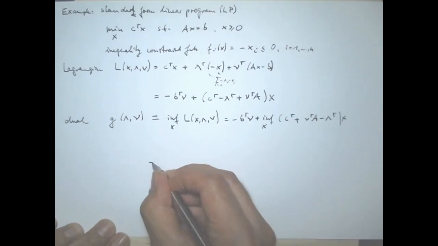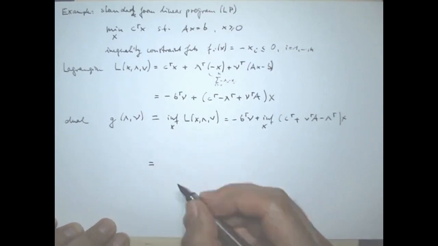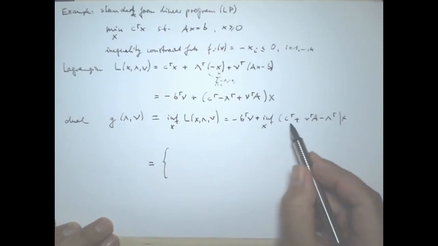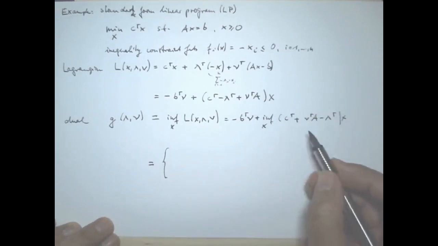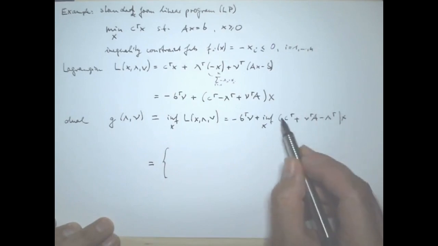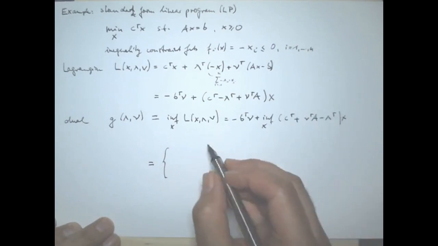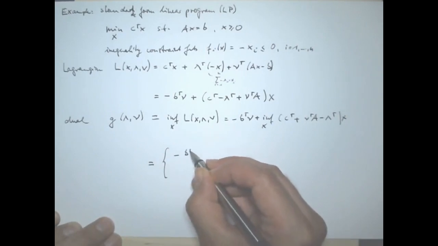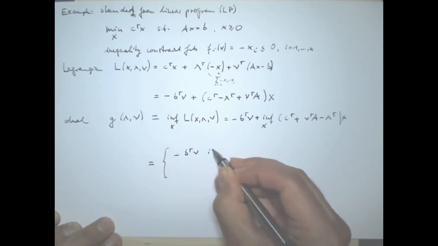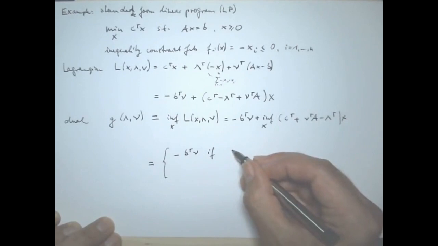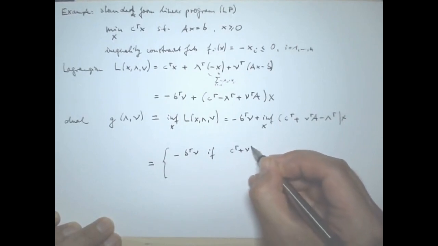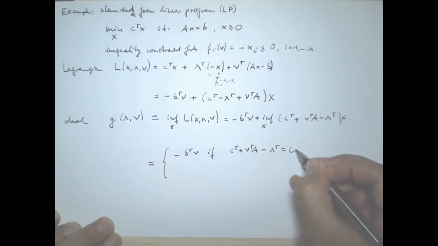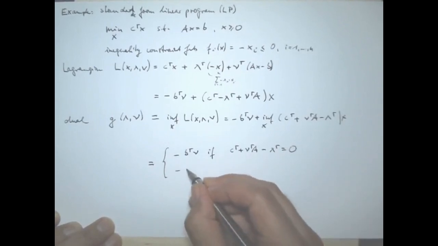So either we have a special case where this term here evaluates to 0, then the infimum is going to be, or my dual is going to be minus B transpose nu. It's only true if C transpose plus nu transpose A minus lambda transpose is 0. Otherwise, I get a minus infinity.